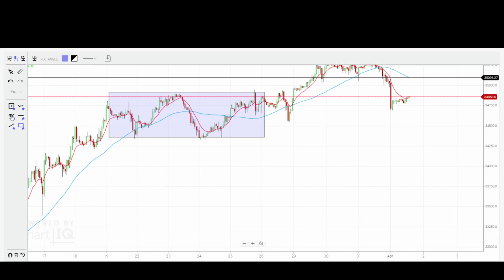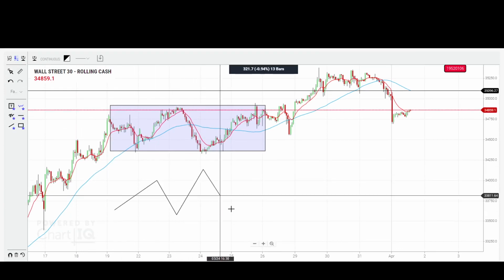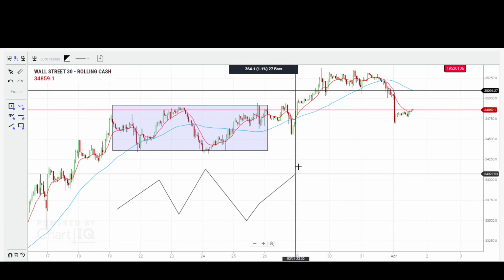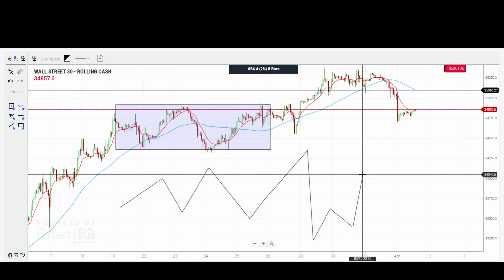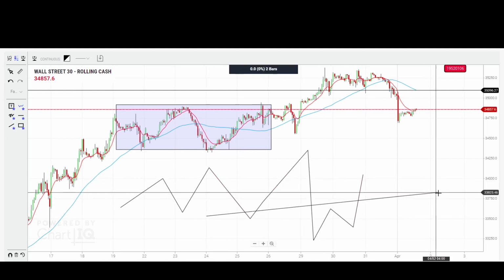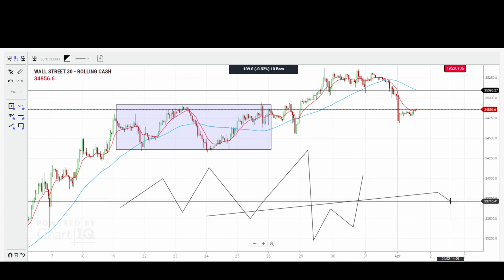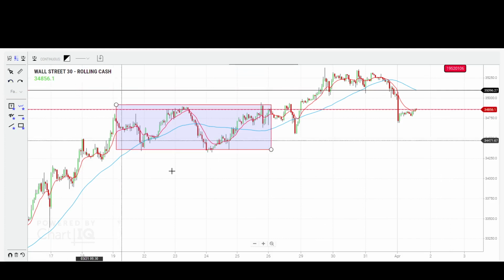It doesn't move in, look at this, it moves like this. Right? Market doesn't move in a straight line. Market never moves like this. Right? It always moves in a kind of up and down movement.